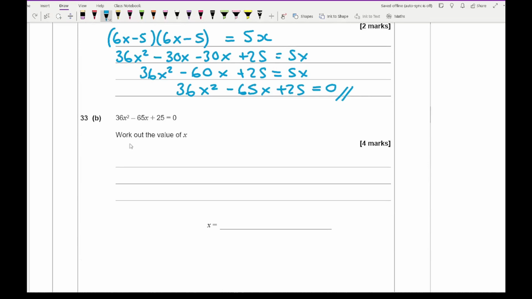Now for this, I personally would go straight into the quadratic formula, because again, we can't simplify this line any further because there is no numbers that go into 36, 65 or 25. So it's going to be a equals 36, b equals minus 65 and c equals 25. So then substitute the numbers into the formula.